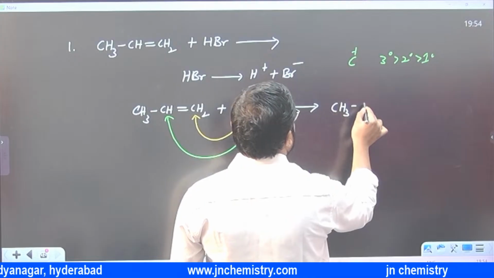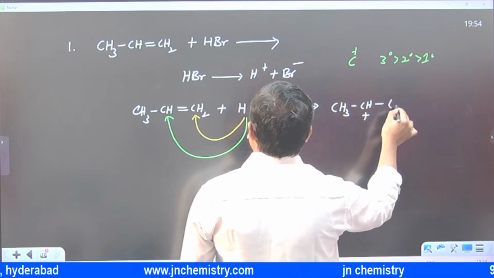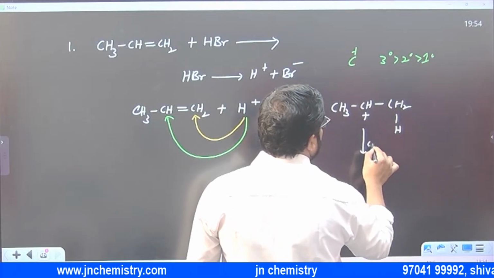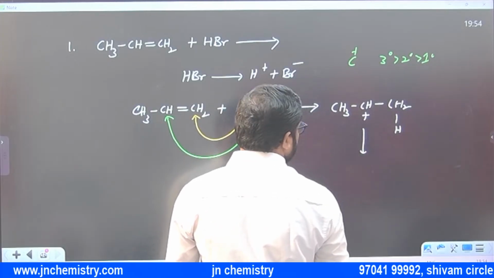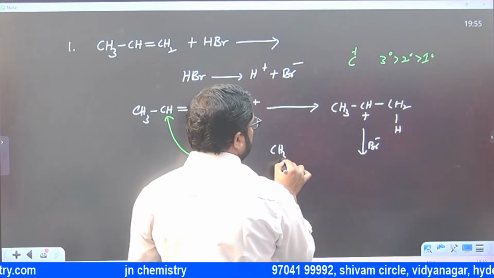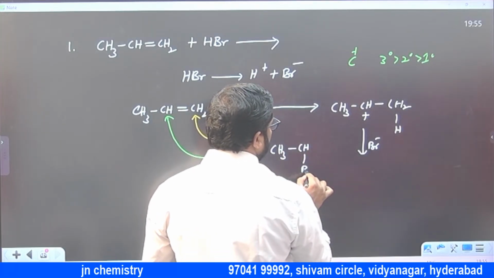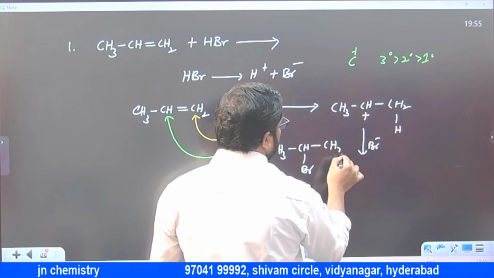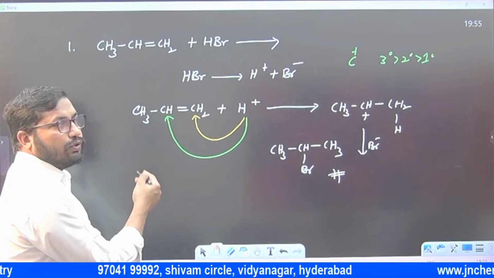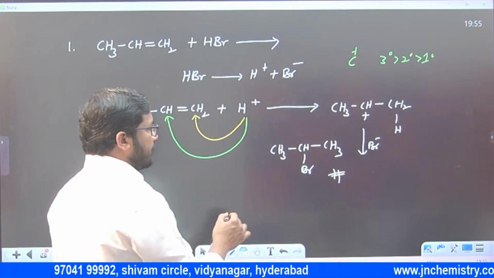CH3, CH plus, CH3. Then Br minus comes and attacks. CH3, CHBr, CH3. This is the major product. If it is at the green position, that is the minor product.